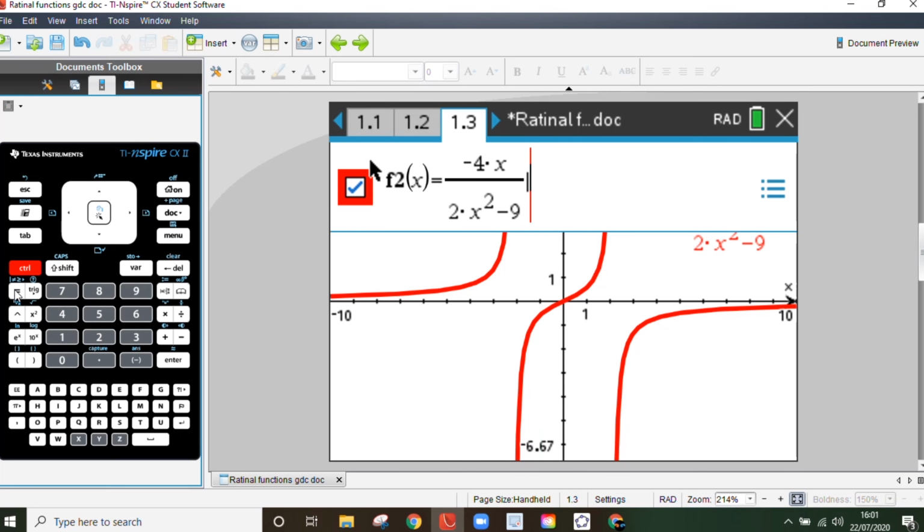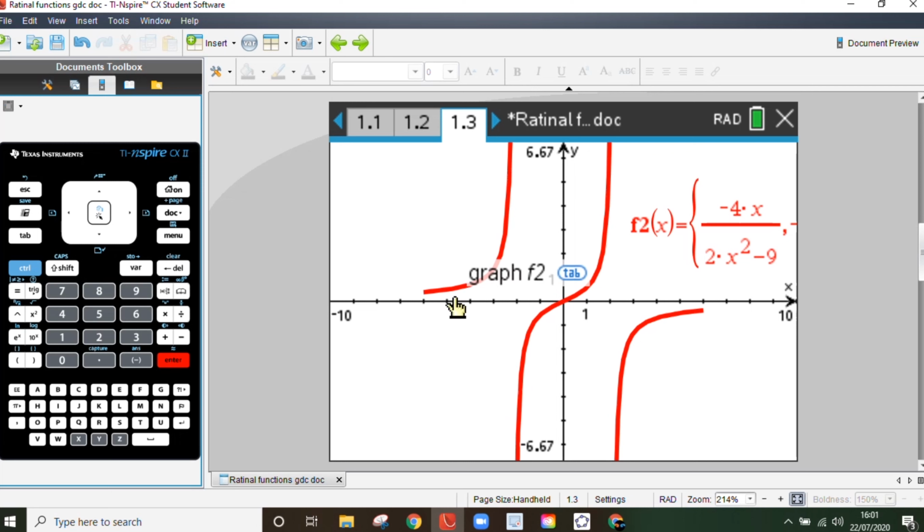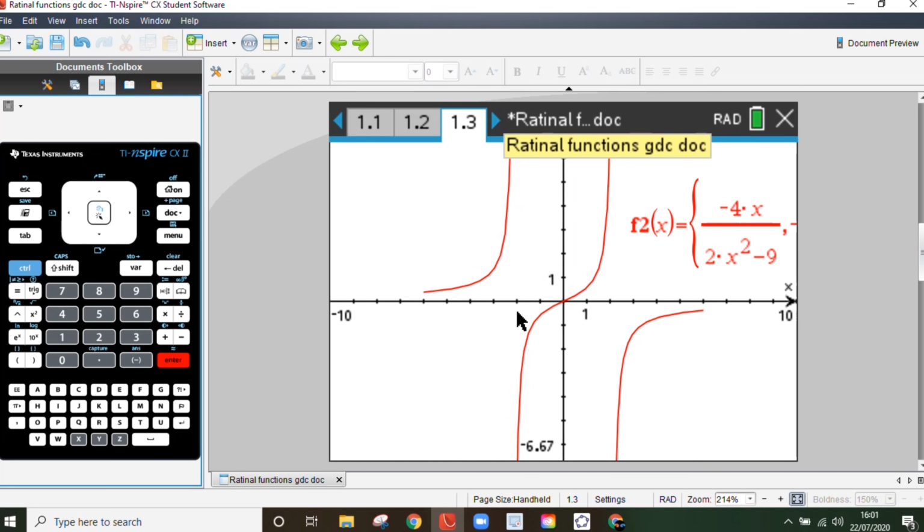Then put the required domain like this. Okay, so we have set the domain, which is x greater than or equal to minus 6 and smaller than or equal to 6.